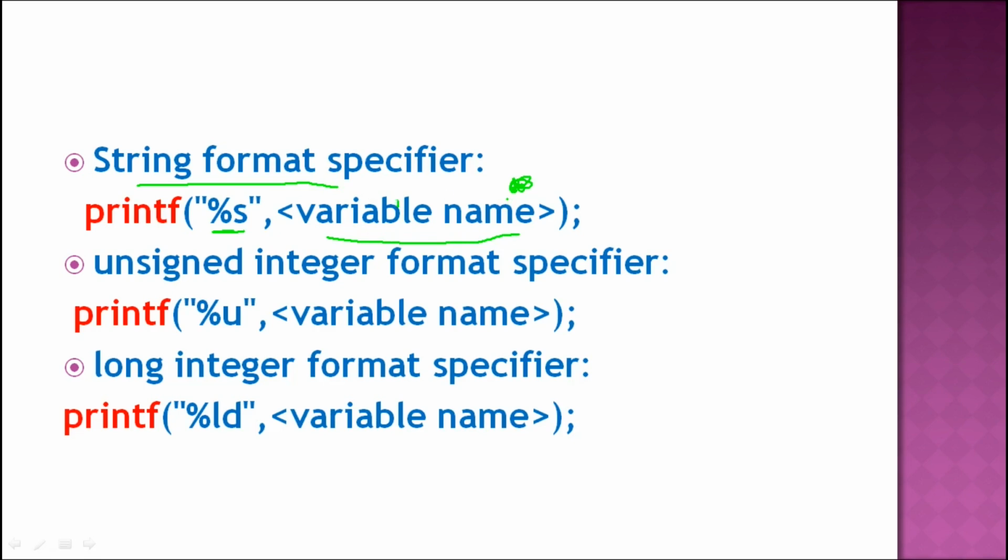That variable will be printed using the format specifier. Without the format specifier we cannot print the value or the string. For the unsigned integer format we use %u, and for the long integer format specifier we use %ld.